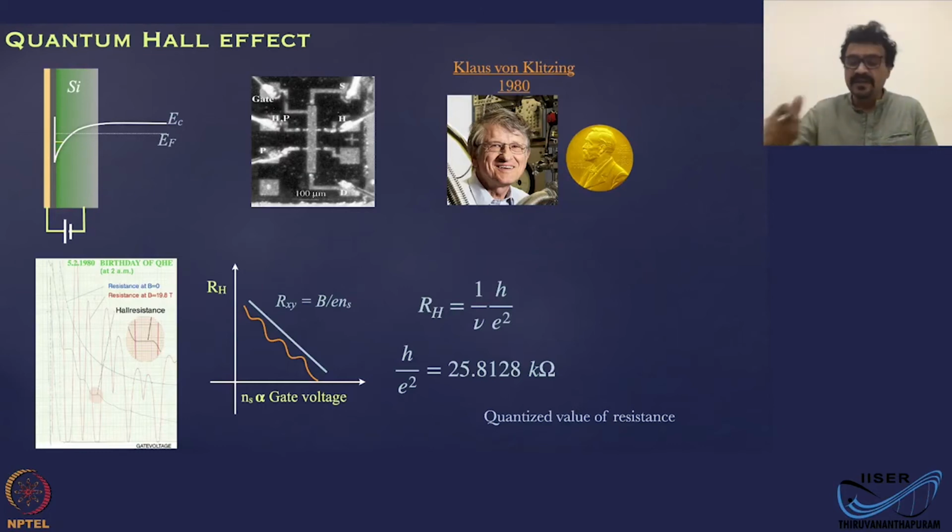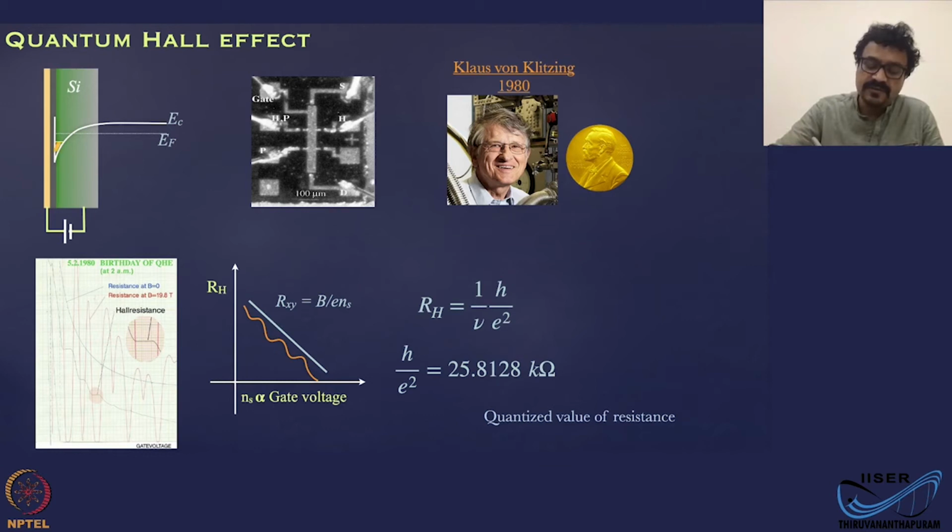Okay. Now, the experiment is as follows. You have a B field which is applied perpendicular to the sample. Then what you do is you vary the gate voltage, which will change the charge density or carrier concentration in this well.